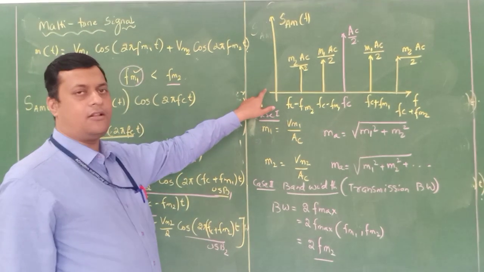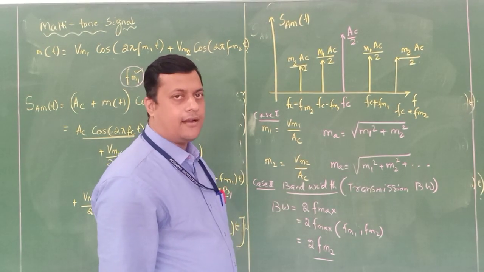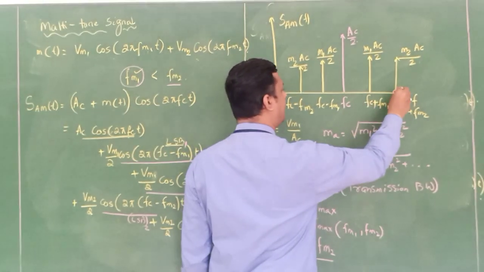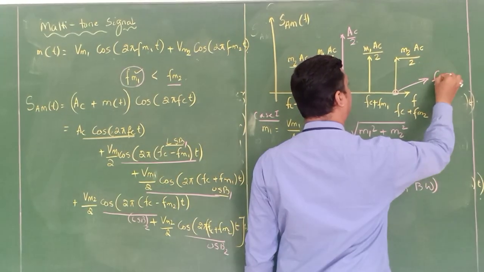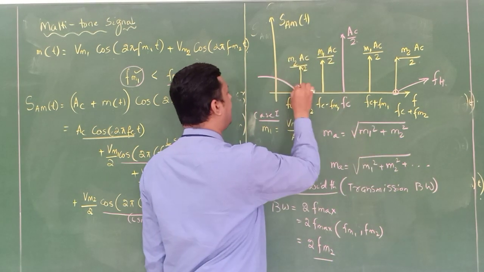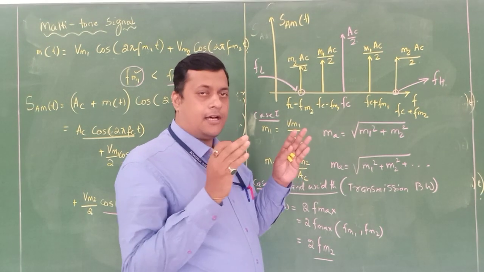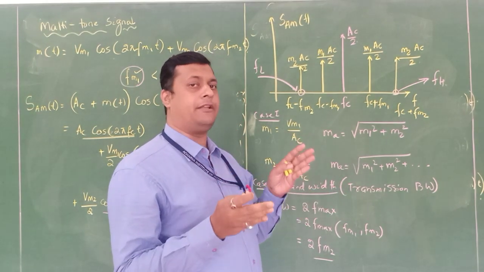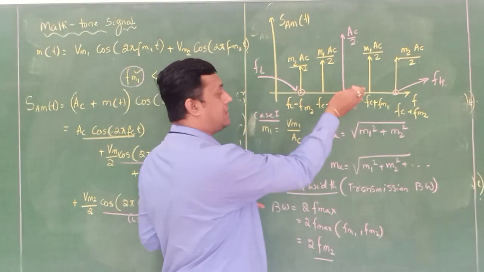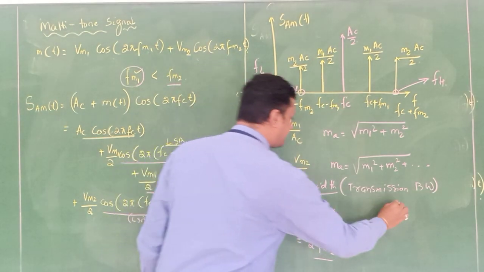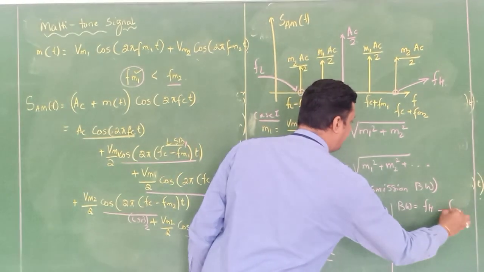But you can also calculate it from the spectral analysis. Now in this, which two positions are the end-to-end positions? This is one end and this is the other end. So this frequency component you can consider the higher frequency and this frequency component you can consider the lower frequency. The band within which a particular power is distributed in a spectrum is called our bandwidth. So here bandwidth is equal to Fh minus Fl.